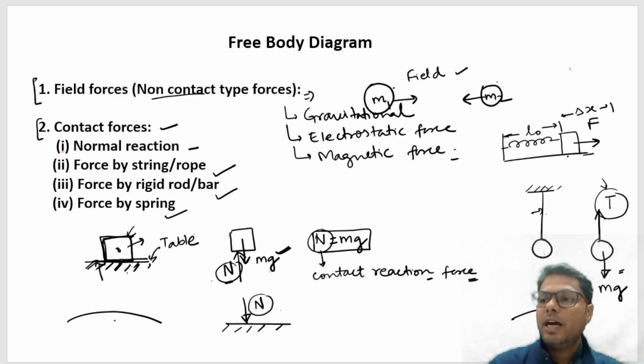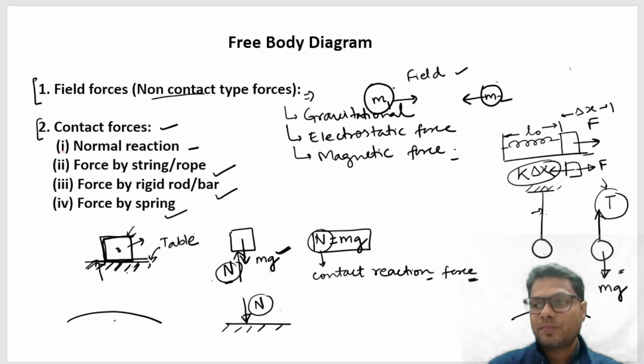Then the spring applies a force backwards to the block, and the magnitude of that force is k delta x. This k delta x is called the spring force. K is the stiffness of the spring and delta x is the extension done on this spring.